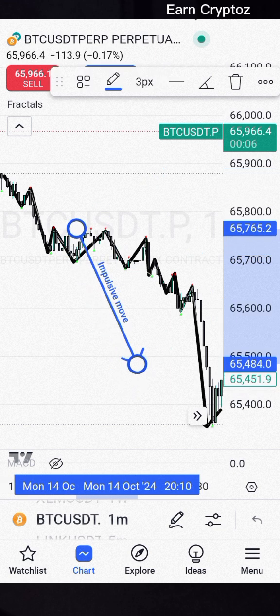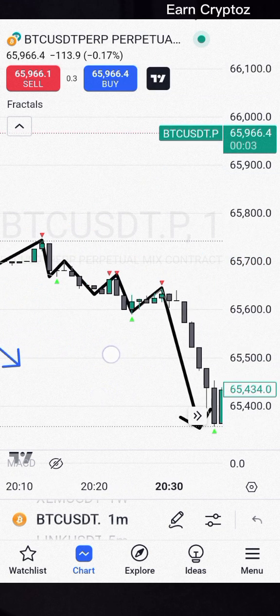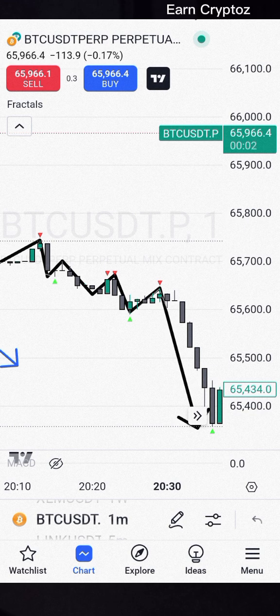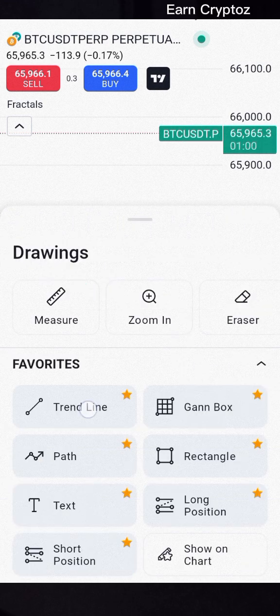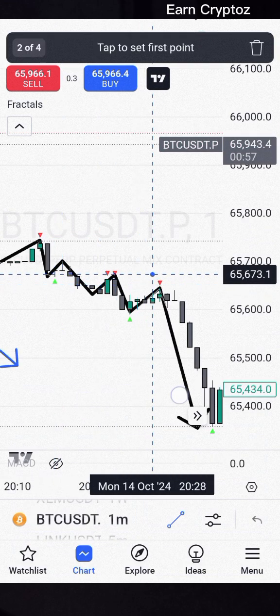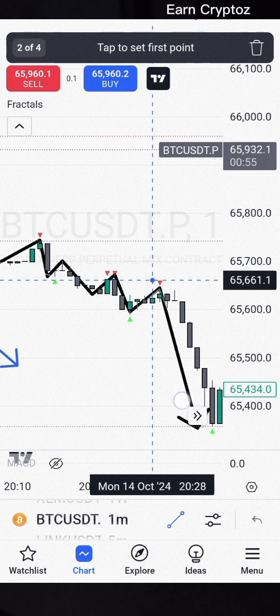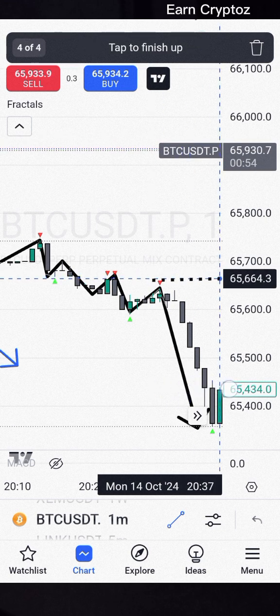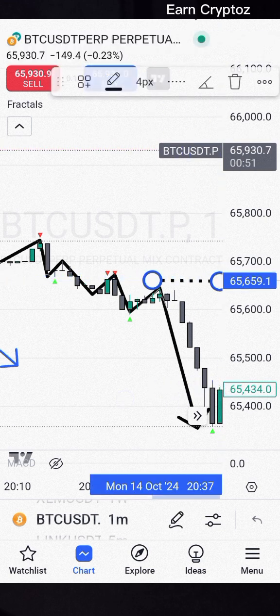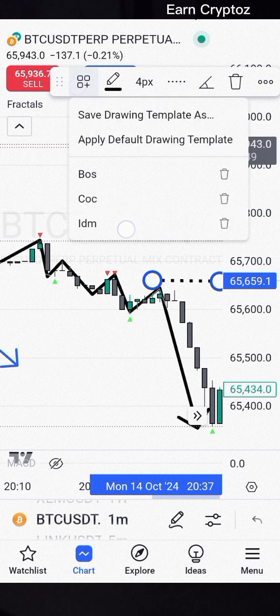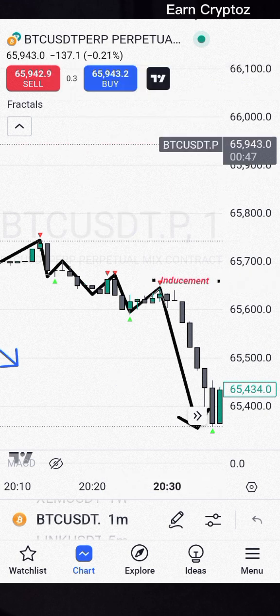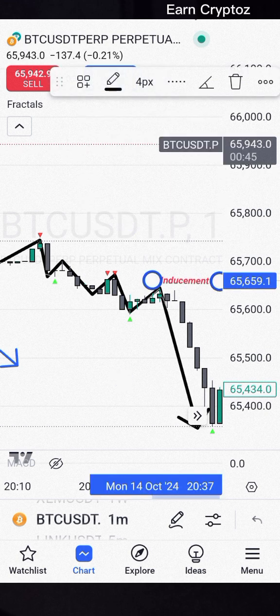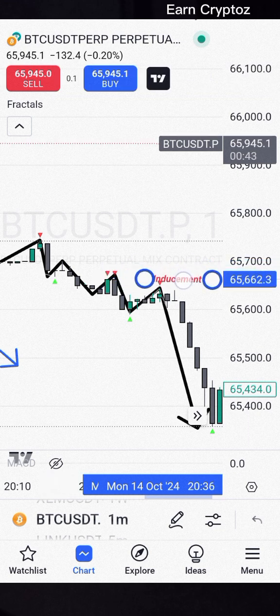So you can see pullbacks, pullbacks, pullbacks. So that's the move right there. So the last valid pullback on this impulsive move is the inducement right there. So you mark it and label it inducement. Okay, so there you have it.